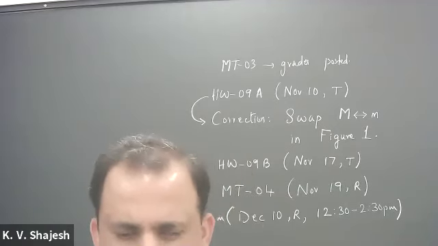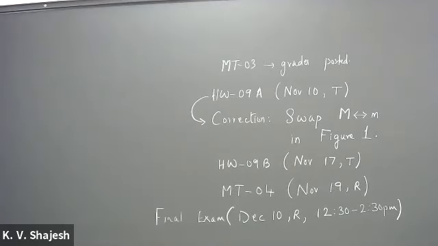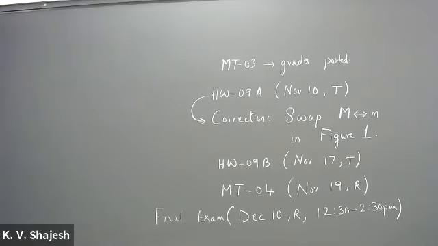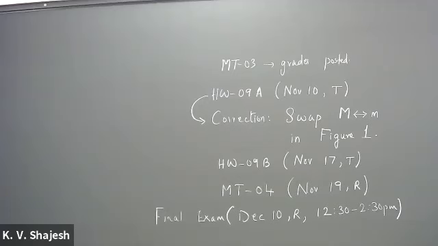Shajesh: I noticed on homework 9A, on problem 4, M3 is listed twice rather than having M1, M2, and M3. Tell that again. Is there another typo? Okay. Yeah, on question number 4, homework 9A, on the diagram. Okay, give me a second.